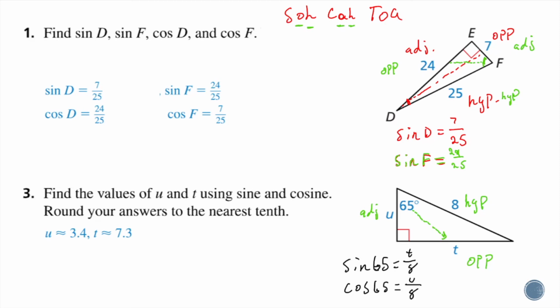Solving for t and u, you should approximately get u is approximately 3.4, t is approximately 7.3.